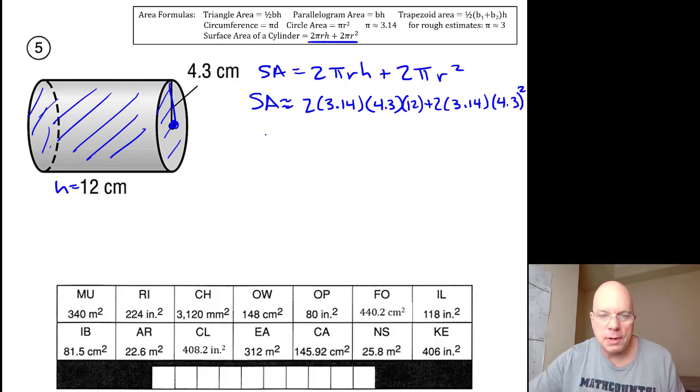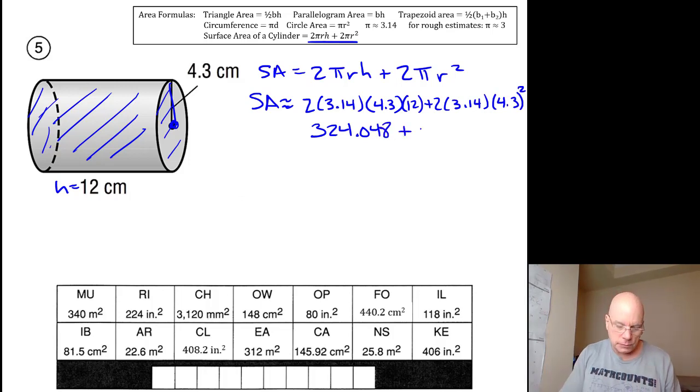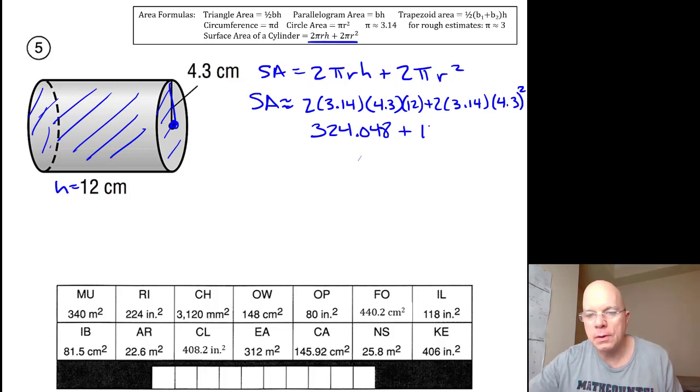For the first term, the lateral surface area, I get 324.048. For the 2 circular bases, I get 116.1172. And let me tell you something, before I add those and just assume that the calculator has done the computation correctly, I do a quick estimate.